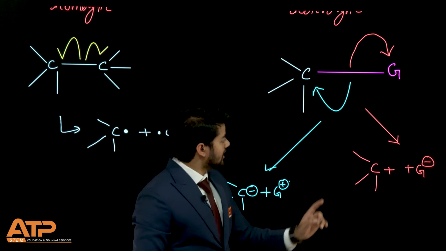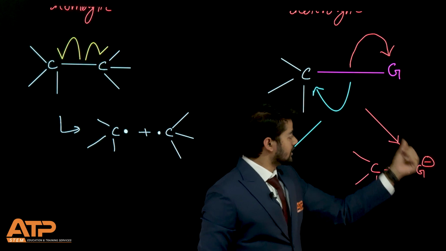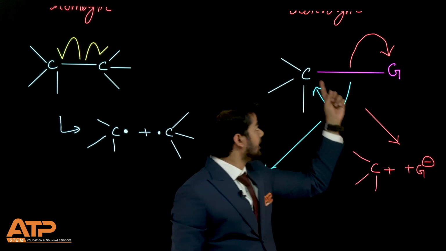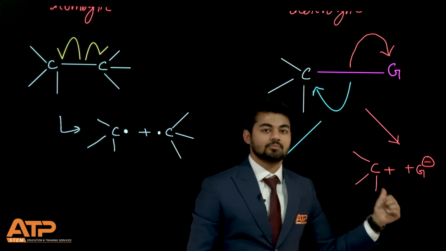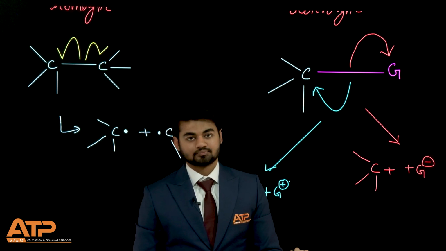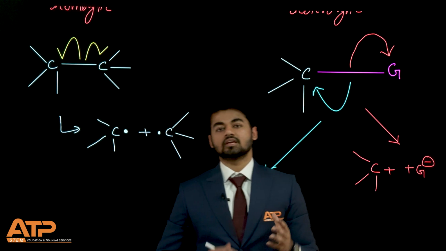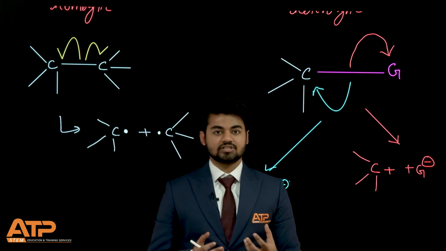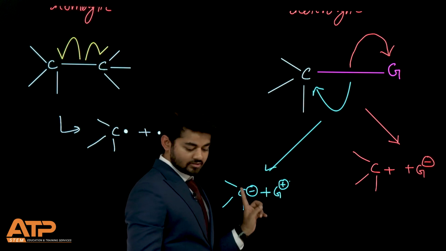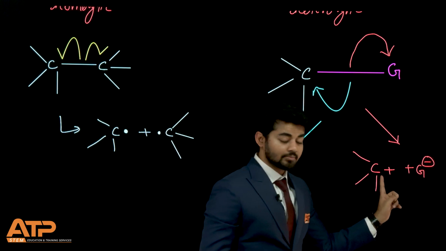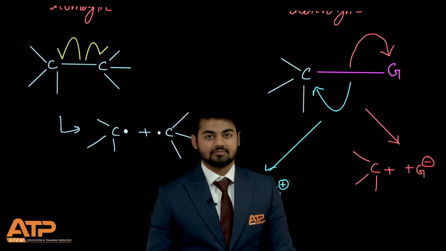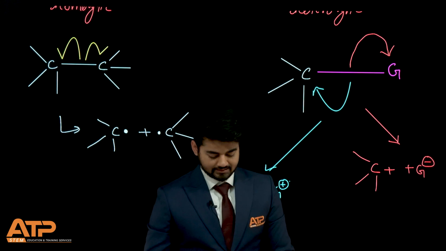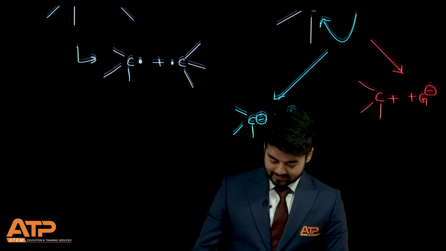In the orange I have shown that when G took both the electrons, G is minus and carbon is left with a positive charge. This positively charged carbon is called a carbocation. So heterolytic bond breaking gives us ionic species. If carbon is taking electrons, carbanion. If carbon is losing electrons and G is taking electrons, carbocation. All right, next example.